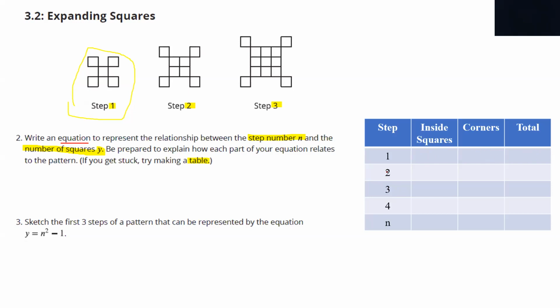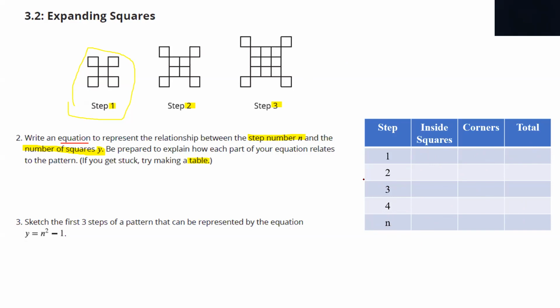And you're going to do the same for step 2, for step 3, for step 4, which is not given, but follow the patterns that you have established. And you are going to then fill out the information for step n. Once you are done typing your answers, we will review them when you return to the video.